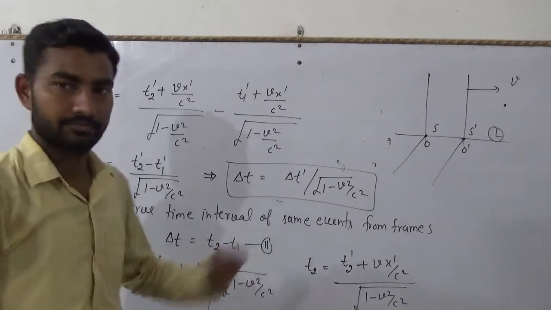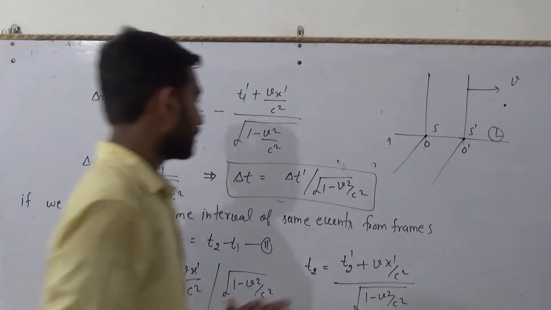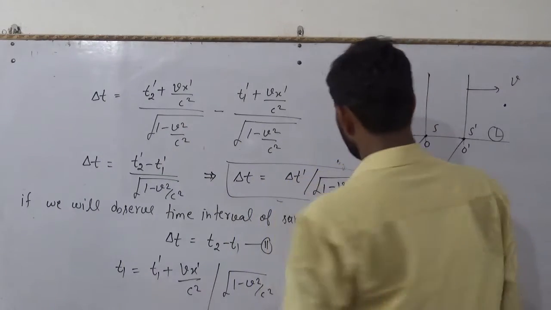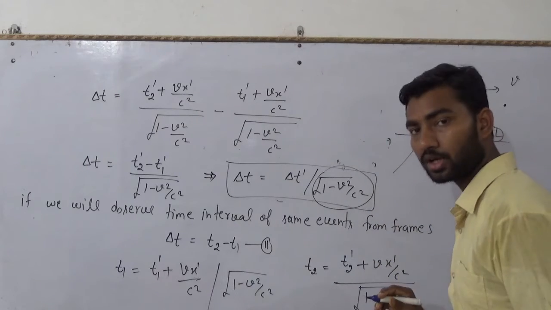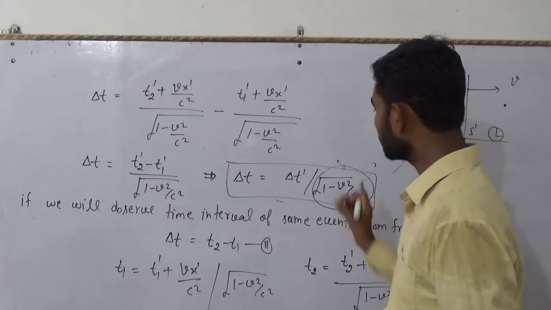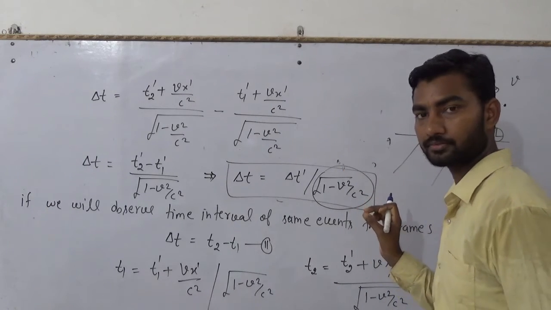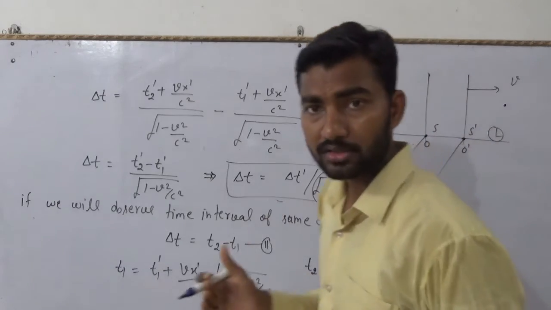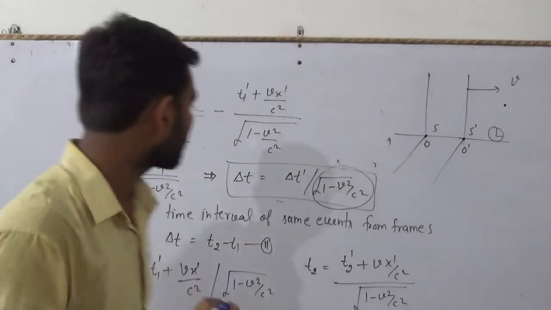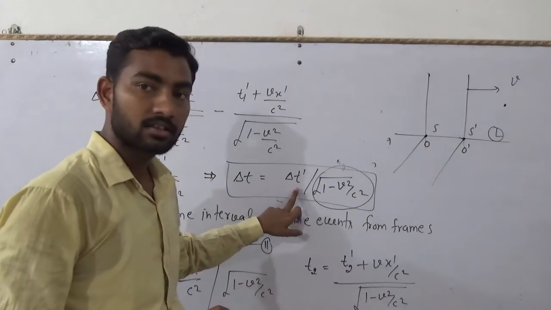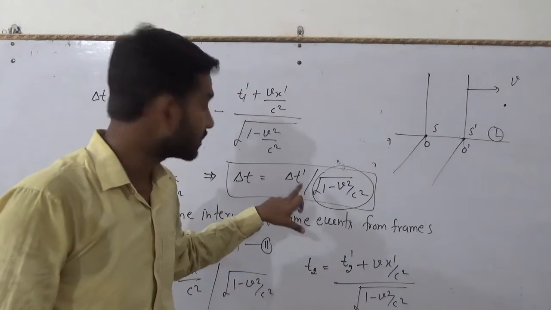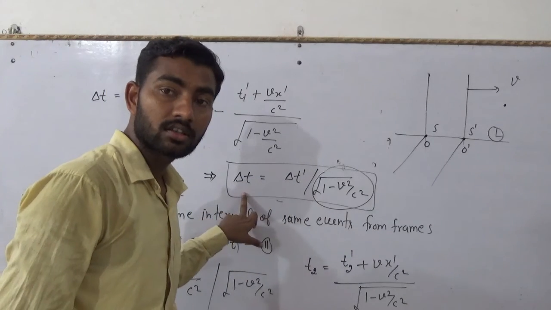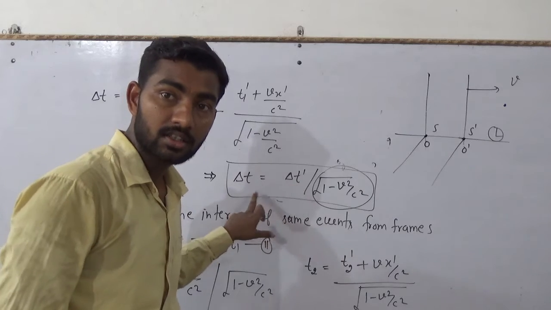It is my result. Friends, as you know, this term under root 1 minus V square by c square is always less than 1. Or in other words, we can say that del T dash is less than del T. Why is del T dash less than del T?